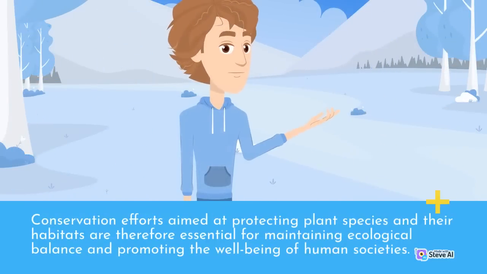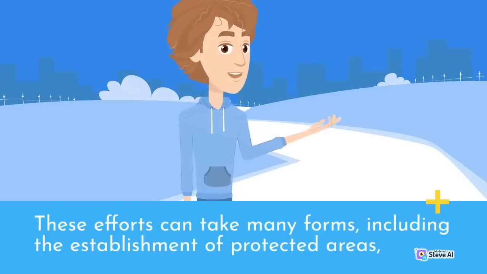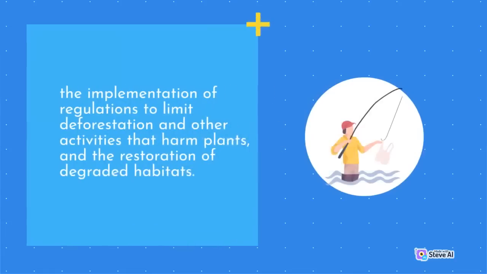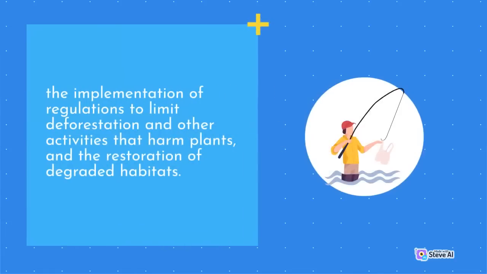Conservation efforts aimed at protecting plant species and their habitats are therefore essential for maintaining ecological balance and promoting the well-being of human societies. These efforts can take many forms, including the establishment of protected areas, the implementation of regulations to limit deforestation and other activities that harm plants, and the restoration of degraded habitats.